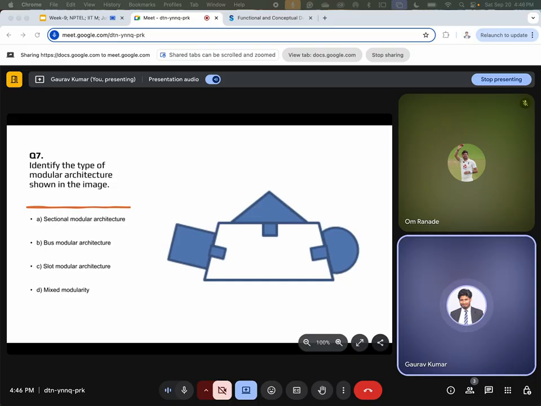Sectional modularity, meanwhile, relies on sequential arrangements, and mixed modularity combines multiple strategies. So the image presented in the question clearly demonstrates a slot-based configuration, making slot modular architecture the most appropriate answer. It highlights how physical structures and interface design dictate the classification of modularity.